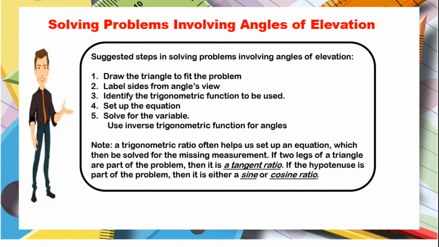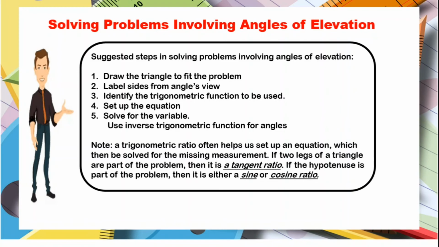So those are the examples on how to solve problems involving angles of elevation. To sum up our lesson, remember that to solve problems involving angles of elevation, these are the steps. First, draw the triangle to fit the problem. Then, label the sides from the angle's view.